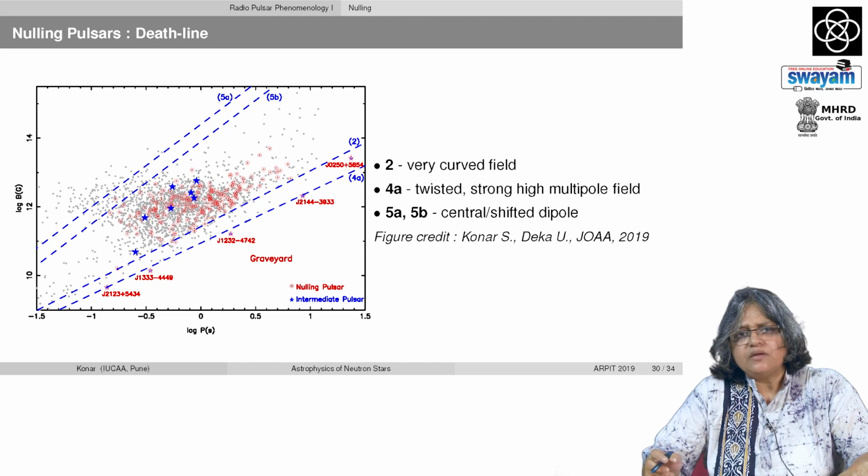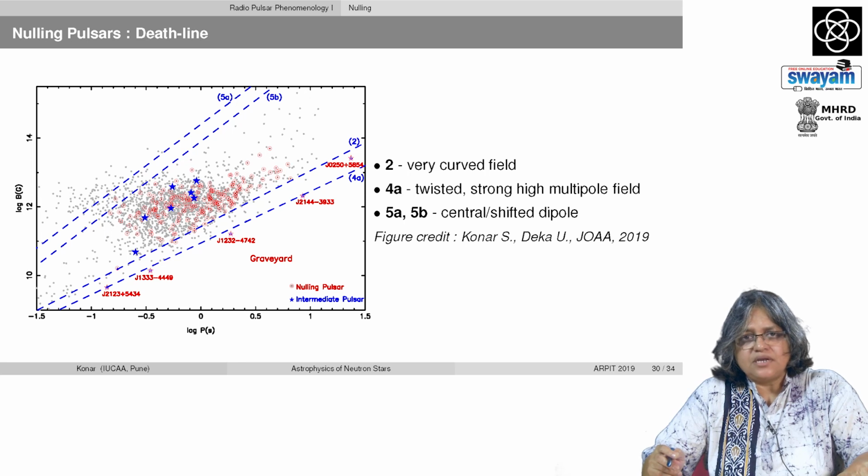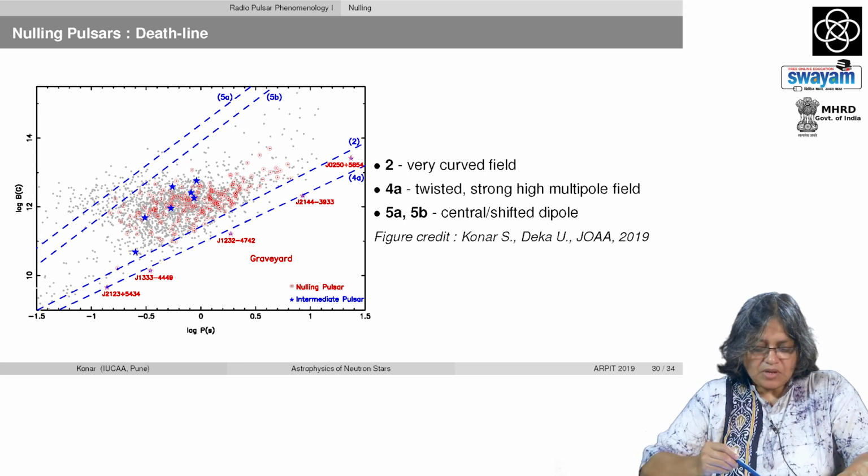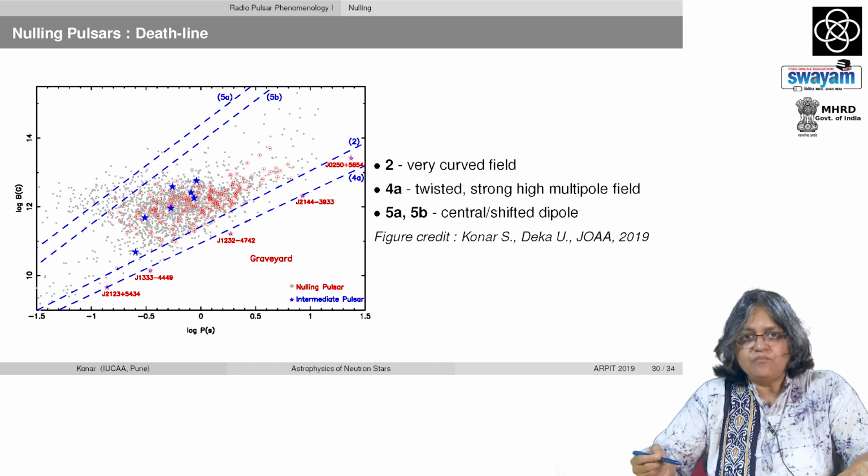Now, something that we understand about the nulling pulsars is this. Originally, there was a suggestion that because some of the emissions are disappearing, perhaps the radio pulsars are about to die, in the sense that they are about to cease their emission. Now, there is something called a death line, which is defined for radio pulsars. It is a line in the spin period magnetic field plane.